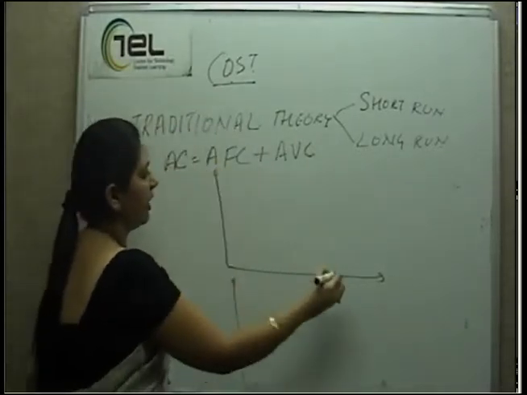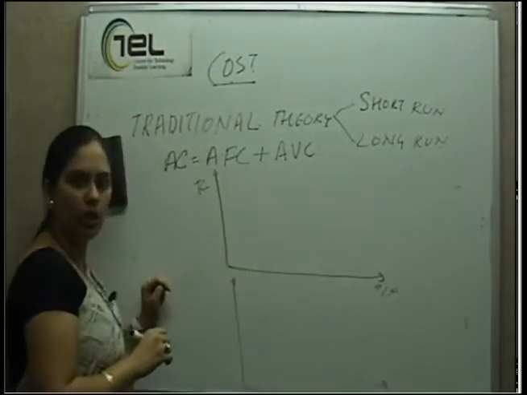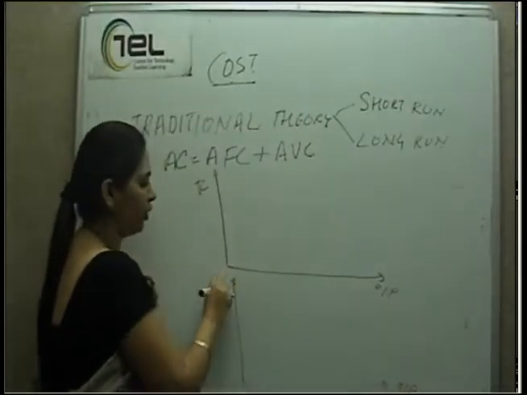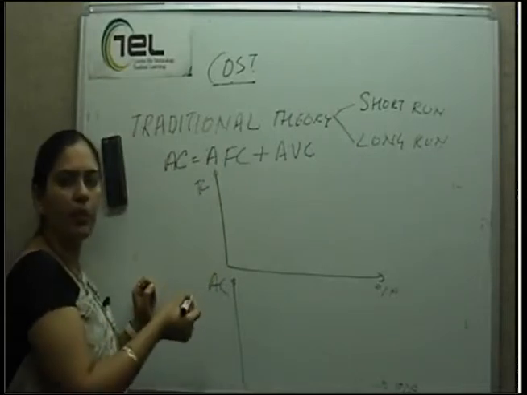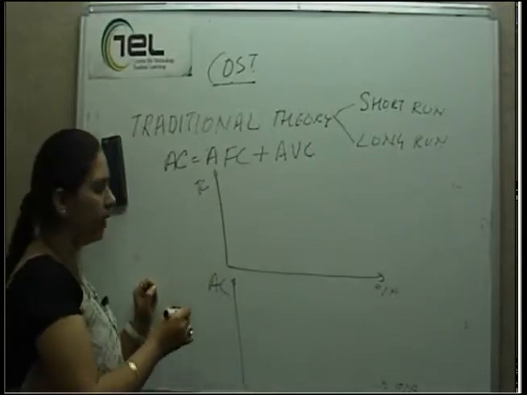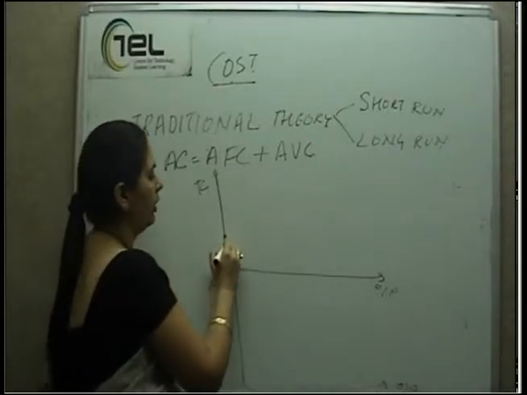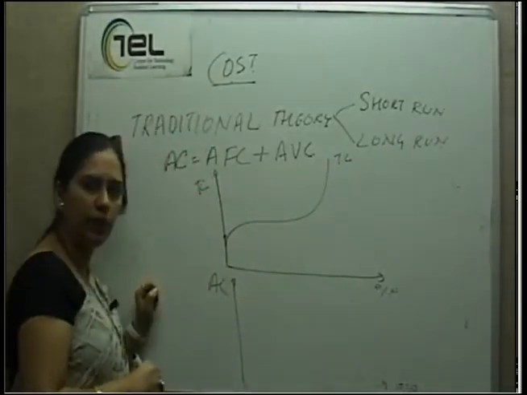My first graph would show total cost curve and my second graph would show average cost curve. Now as we did initially, my total cost is inverse S shape which starts not from origin, rather somewhere above the origin. So I will draw an inverse S shape total cost curve above the origin.